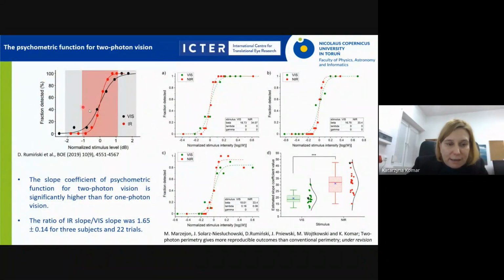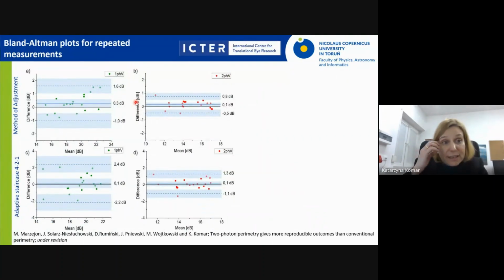Here, this is the example for only 1 subject, and it is exactly 2. The consequence of this narrower psychometric function can be shown in the repeatability of the measurements of visual thresholds.